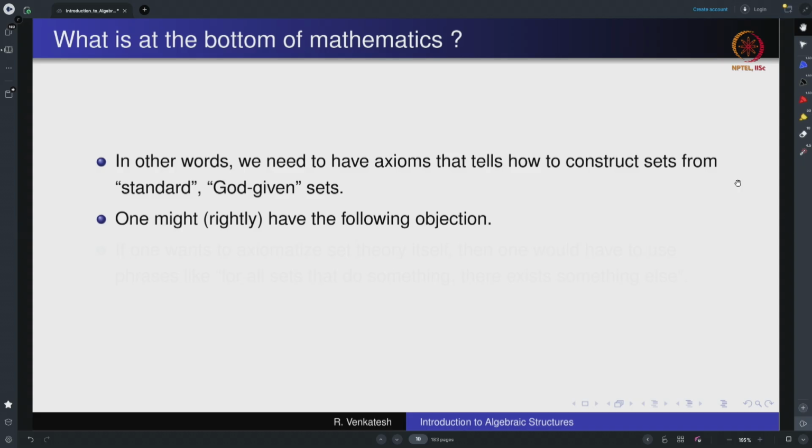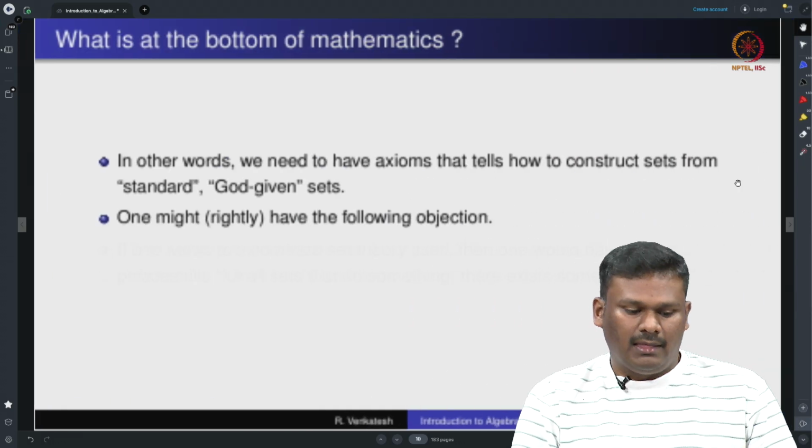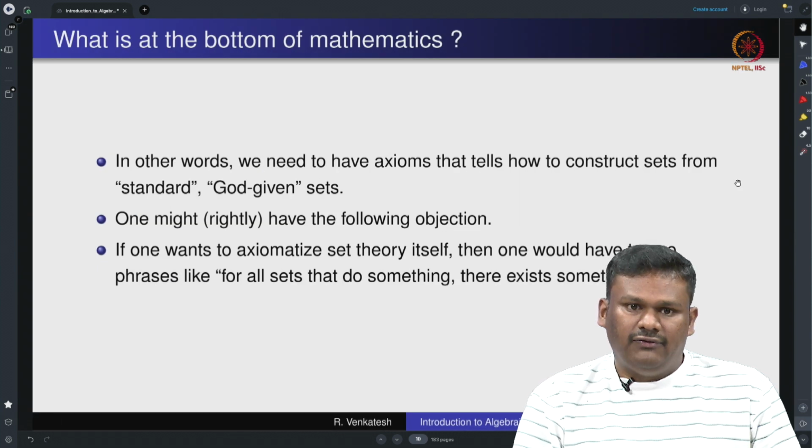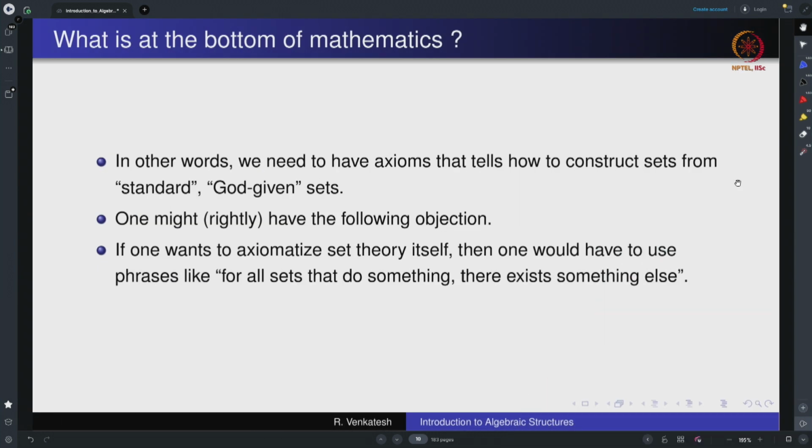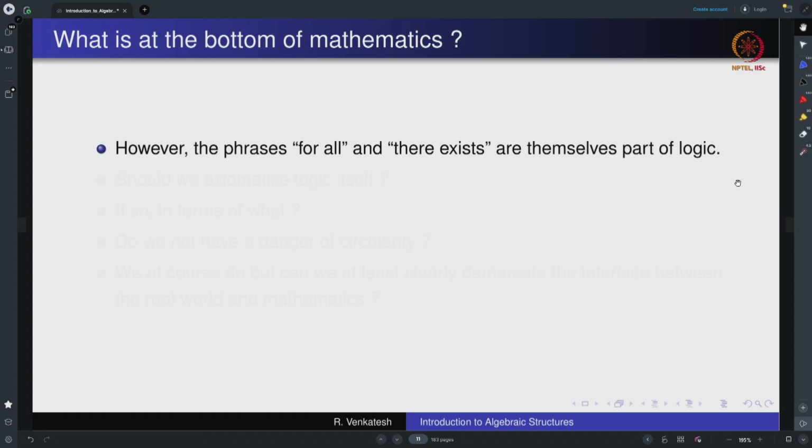One might rightly have the following objection. If one wants to axiomatize set theory itself, then one would have to use phrases like for all sets that do something, there exists something else. However, the phrases for all and there exists are themselves part of logic. So, this leads to the following question: should we axiomatize logic itself?